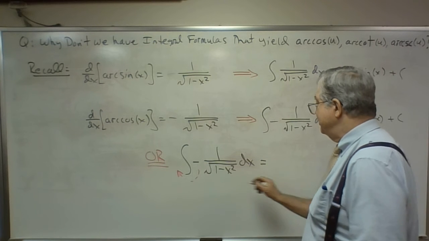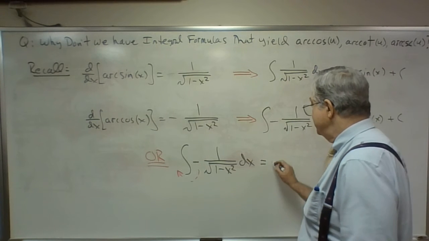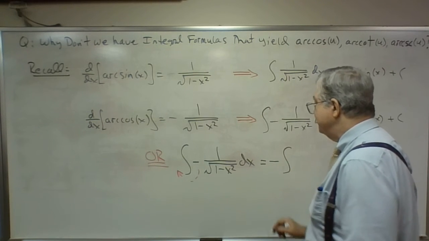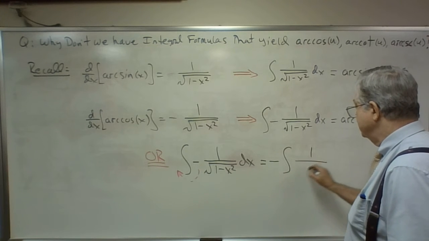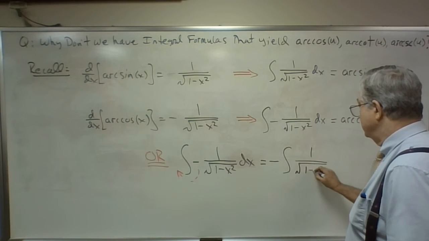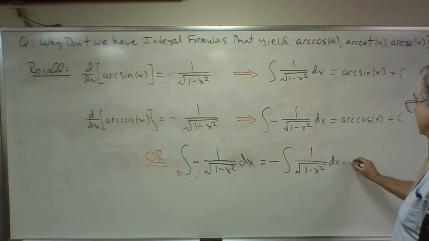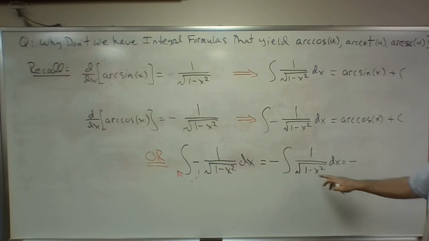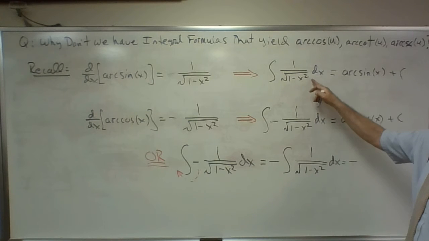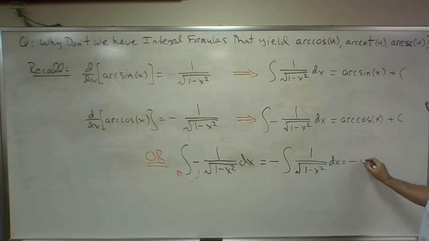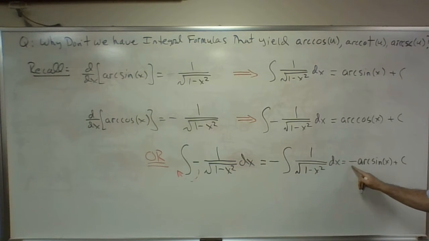And we do the same thing with this factor of -1 here. Just move it out in front of the integral sign. And now this integral is computed using this formula. And we get arc sine of x plus c with that negative sign out front.